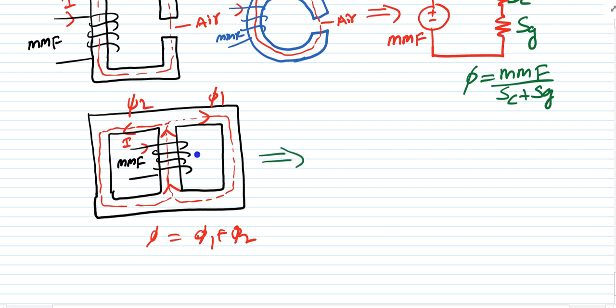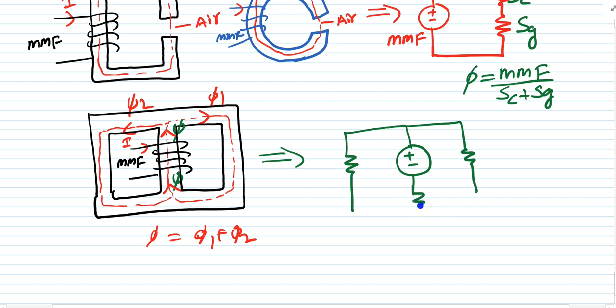My total phi is dividing into phi 1 and phi 2. So I have to show this in terms of electrical circuit terminology, and then it would look like this. This is one circuit, and this is the other one I'm showing here.